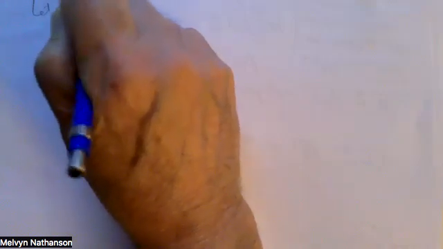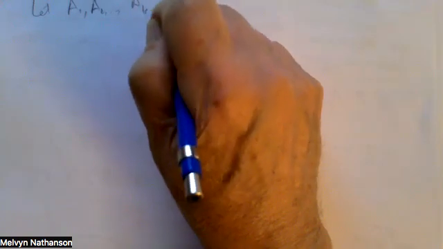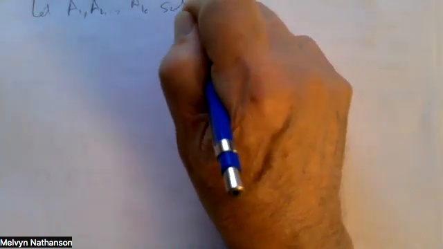If we have subsets, not subspaces, but subsets of a vector space V, what is called the sum, A1 plus A2, these are non-empty subsets, otherwise none of this would make much sense.